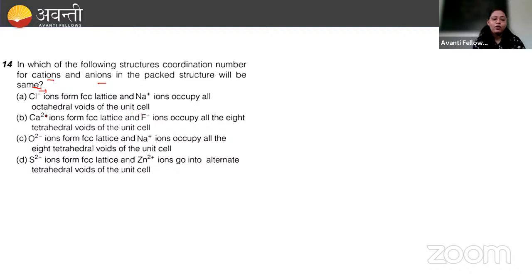Option two: Cl minus ions form the lattice and F minus ions occupy all the 8 tetrahedral voids of the unit cell. Option three: O2 minus ions form FCC lattice and Na plus ions occupy all the 8 tetrahedral voids of the unit cell. Option four: S2 minus ions form FCC lattice and Zn2 plus ions go into alternate tetrahedral voids of the unit cell. So which of these structures matches, where cations and anions in the packed structure will be the same?